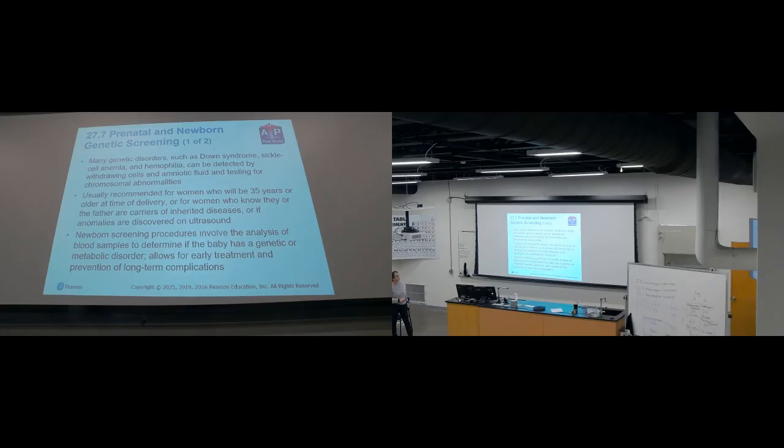You can withdraw a sample of amniotic fluid that carries cells, and then you can test for abnormalities in the chromosomes, along with the presence of certain molecules that can presumptively tell you the chances of having specific genetic disorders. And it is recommended that a female who's pregnant over the age of 35 at the time of delivery will be tested for these abnormalities.